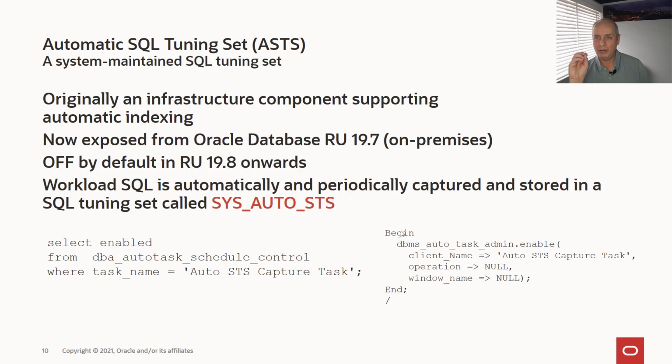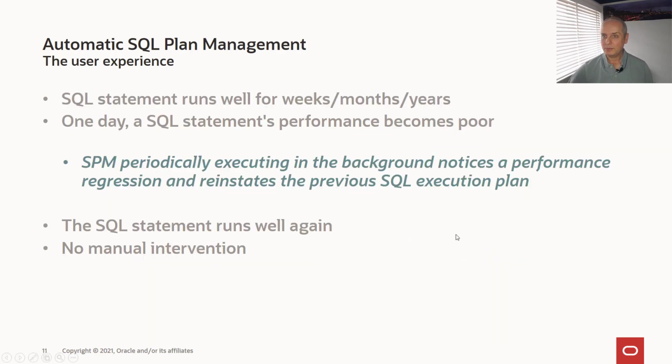It is a very useful resource because what's in there is a history of your application SQL statements over time and the different execution plans that we've seen. So we have a history going back over a year, which tells us what SQL was executed and what SQL execution plans we used.